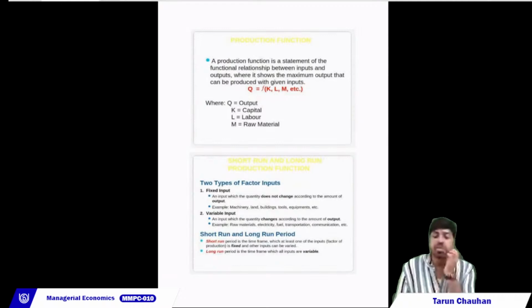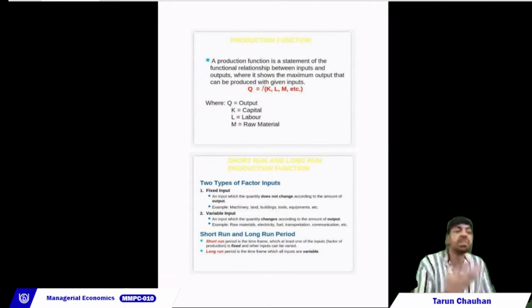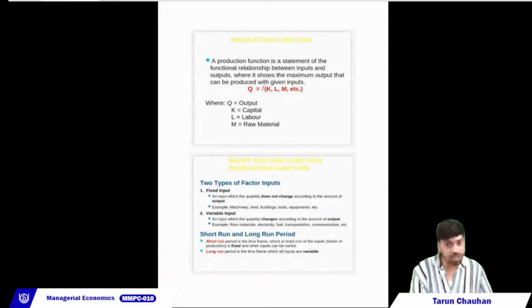In other words, the production function is a formal statement which shows the functional relationship between inputs and output, where the maximum output is reached by combining various inputs like capital, land, labor, machinery, technology, etc. Q stands for the level of production or output, and is a function of all those inputs used in the process of production.